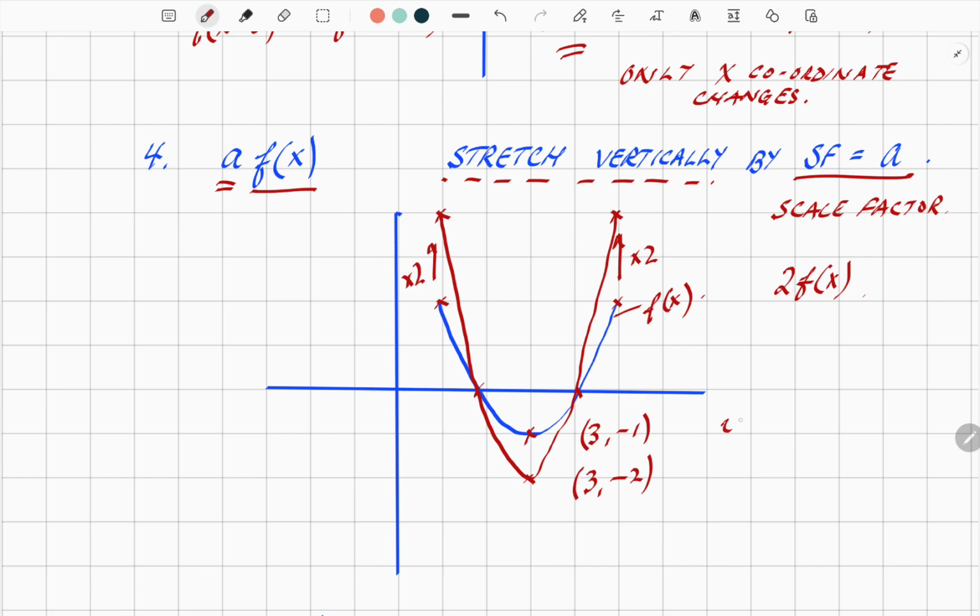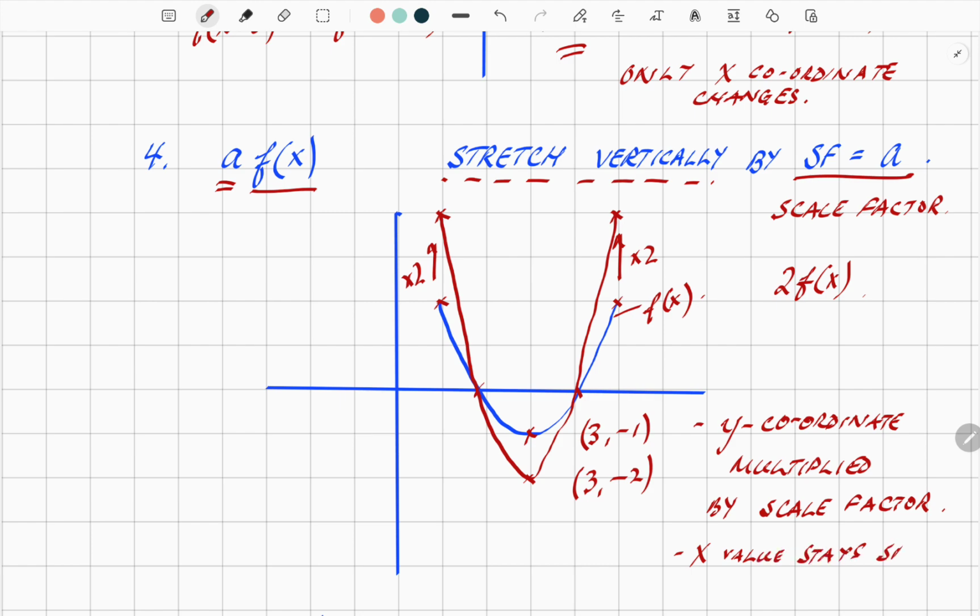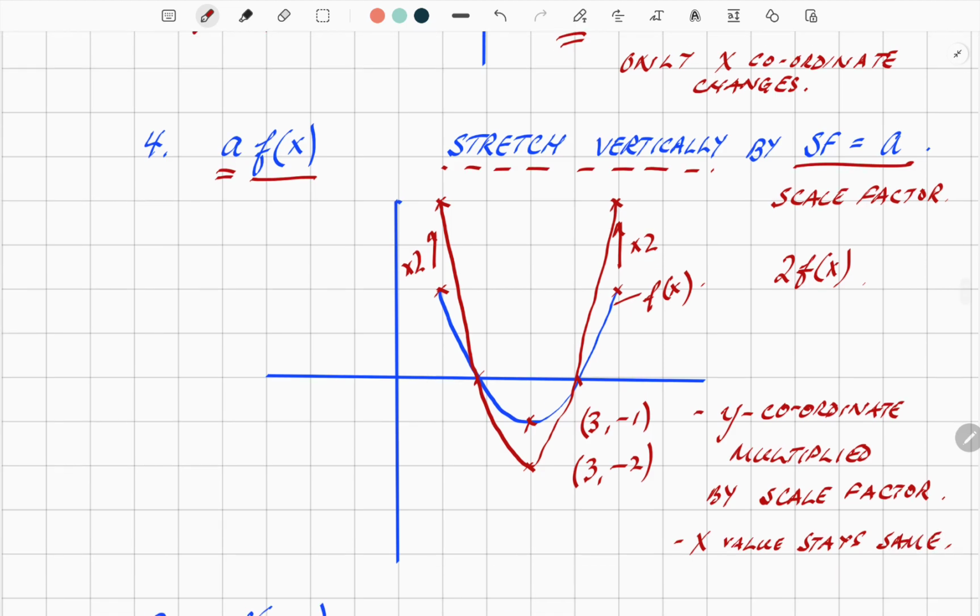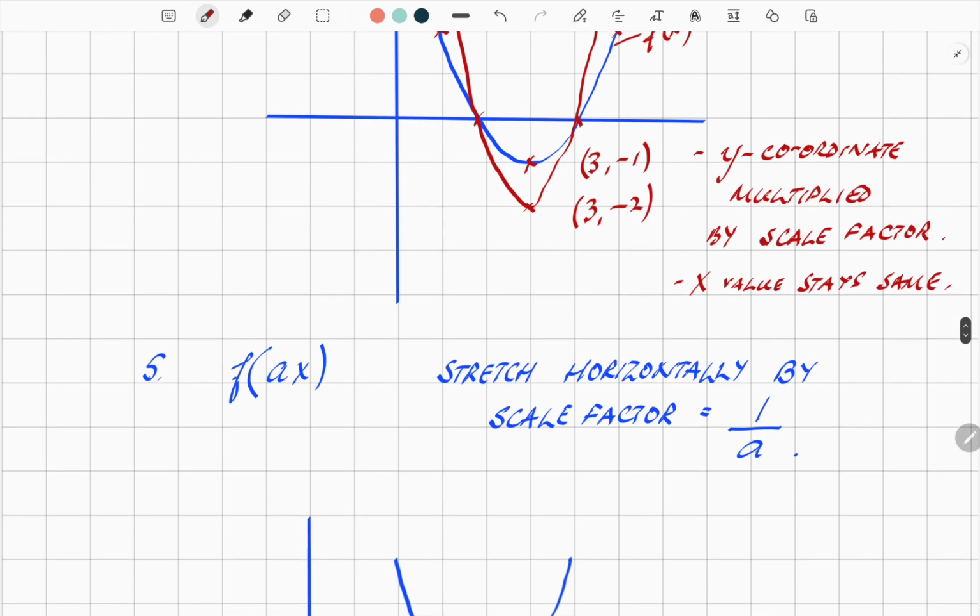So the y coordinate is multiplied by the scale factor. All right, the x value stays the same. Okay, hopefully that makes sense. Just excuse the poor artwork.